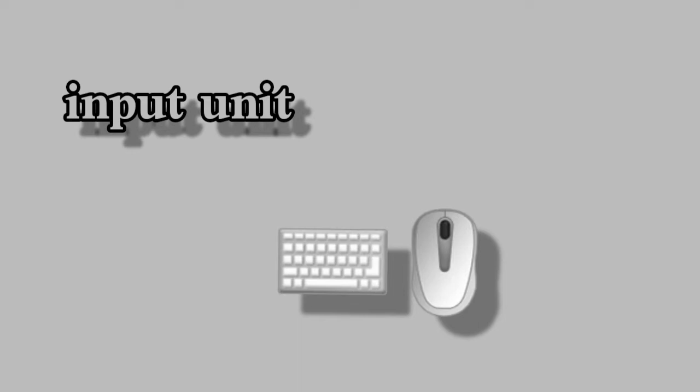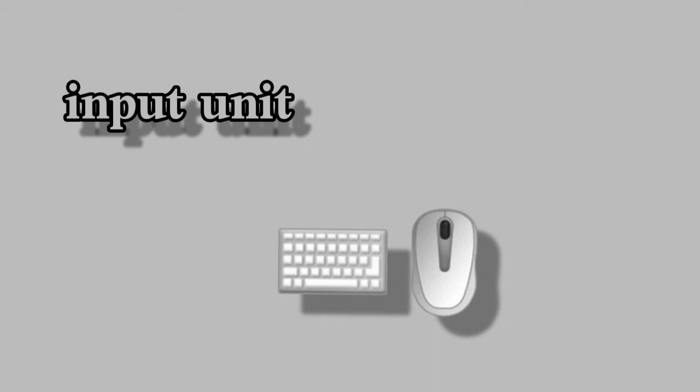Data and instruction must enter a computer system before the computer can perform any operations on the supplied data. To accept data or to enter data into computer system, the input unit is used.